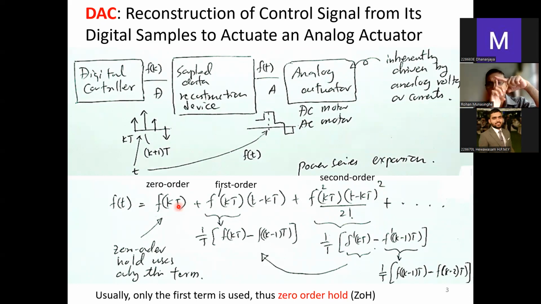And at that point, you need to know the gradient, right? Whether it is like this or that, whatever it is, right? Gradient. So to calculate the gradient, you need to know one before that or one after that, depending on which one you use, okay? Whether it's forward difference or backward difference, right? Or sometimes you need both of them: what was before that and what is after that. And then you can do some sort of bilinear approximation or Tustin approximation.